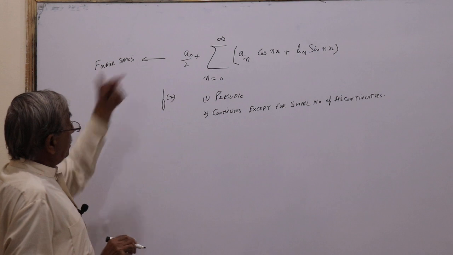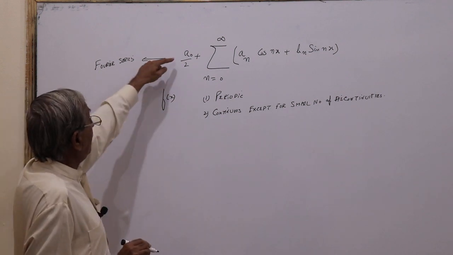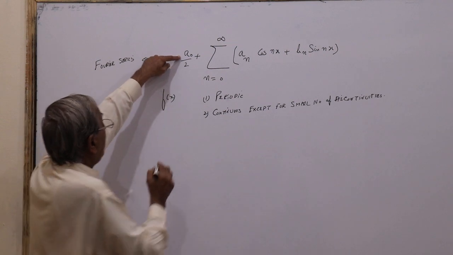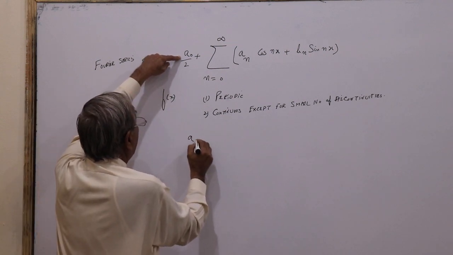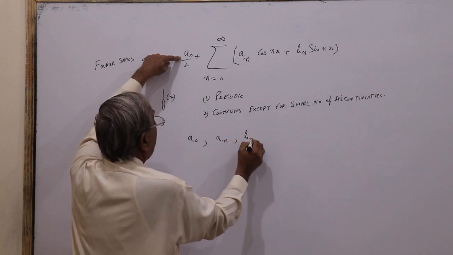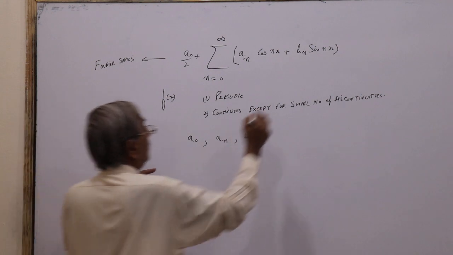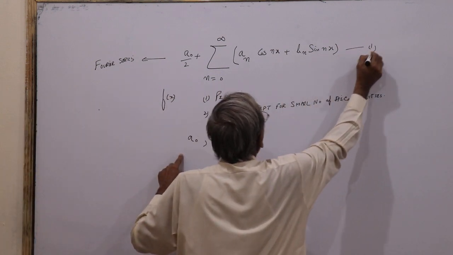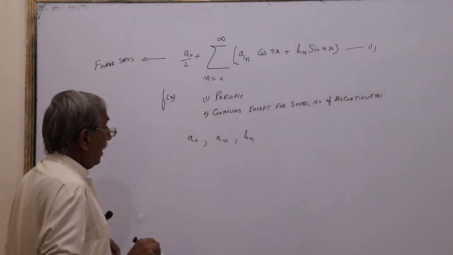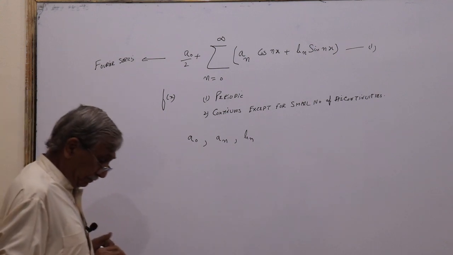In these problems, what you have to do is find the coefficients a naught, a_n and b_n for every function. Once you find these coefficients, you can put them in equation number 1, and what you get is the Fourier series of the function.